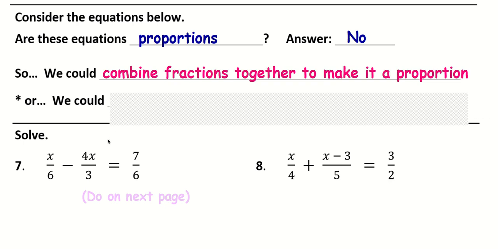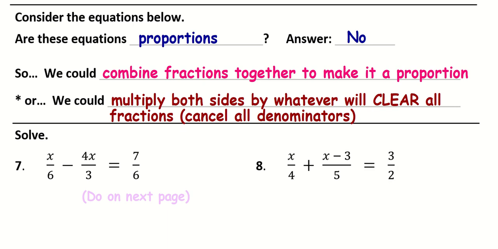What we could do is we could do whatever needs to be done to combine these two fractions together, like literally do the subtraction, you know, you're going to make common denominators, but we could combine these into one fraction, you know, then do the cross multiplying.